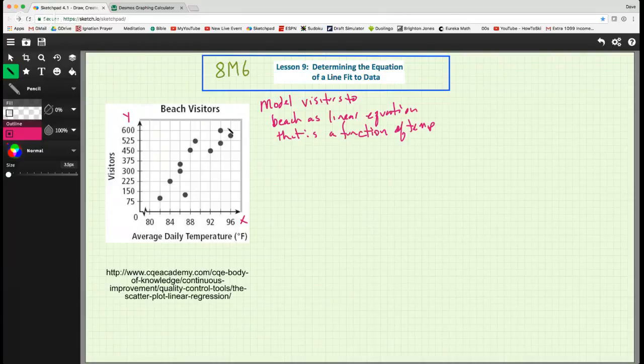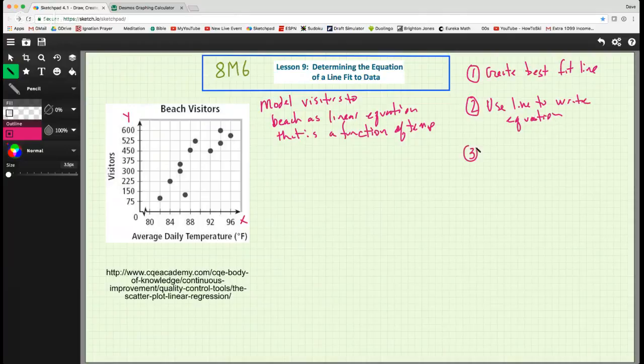So what we need to do first, and I'm going to remind us, is 1, create a best fit line. And then 2, we're going to use the line to write an equation.